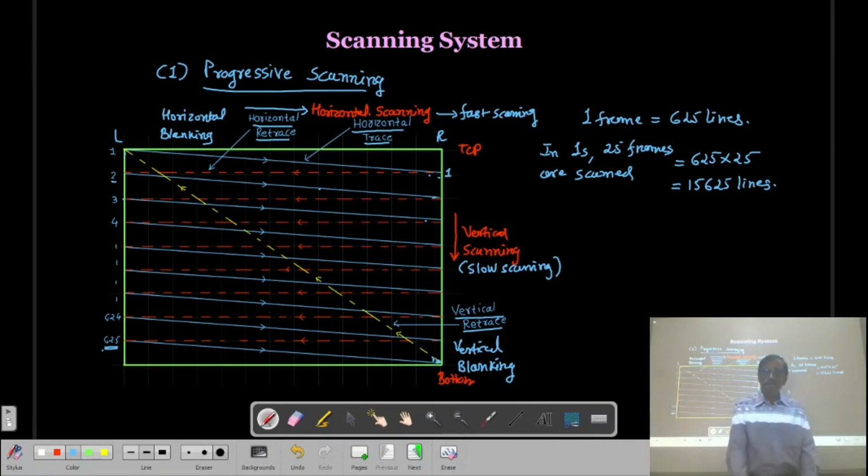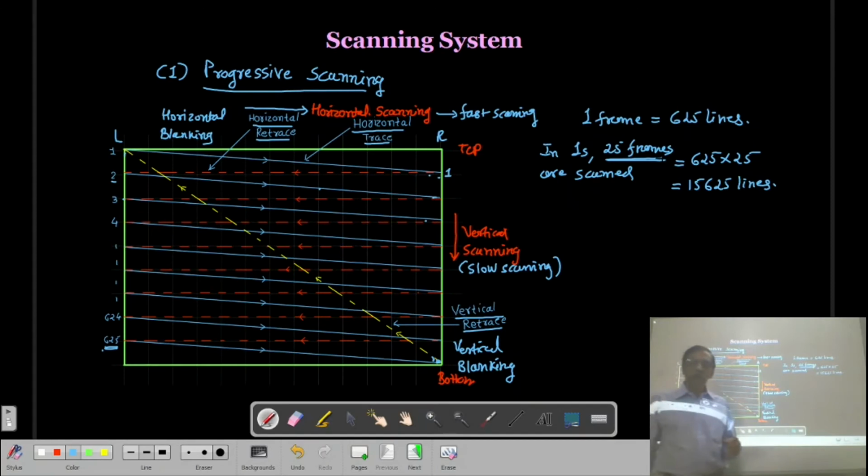Okay. You can see that in 1 second only 25 frames are going to be scanned, and due to this low frame frequency, some kind of flickering you can observe on the screen. And why can you see the flickering? Because of the persistence of the eye. Now I don't have to explain what is the persistence of the eye, but you should remember that the number of frames are only 25, and therefore you can experience a kind of flickering on the screen.